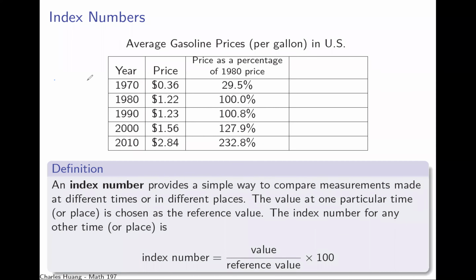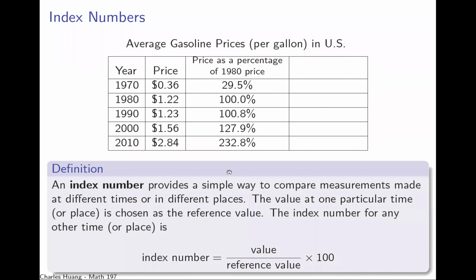What we do is simply 0.36 divided by 1.22, and we change our answer at the end to percentage form. So this would be roughly 0.295, and we can multiply by 100 to get 29.5%.